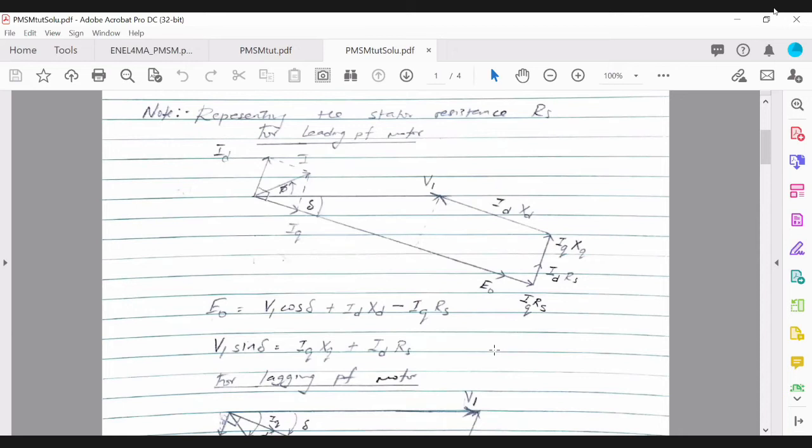basically, if we want to represent using this phasor diagram here, if you want to write the equation for V1, basically the terminal voltage, so this equation here, E naught is equal to, so I've resolved the voltage V1 across angle delta to get this V1 cos theta, and I've added this part, which is IDXD, so that's the full part here, and then you need to extract this small section here, which is IQRS to get the E naught, right?